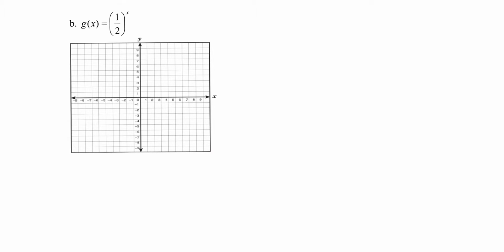Now for b, we're going to graph g of x equals 1/2 to the x power. So again, I will make my t-chart. And for these, the best thing to do is to plug in. We're going to do -2, -1, 0, 1, and 2. And the first thing I'm going to do is -2.